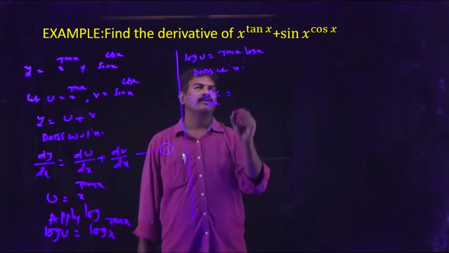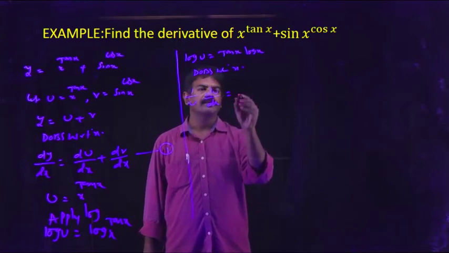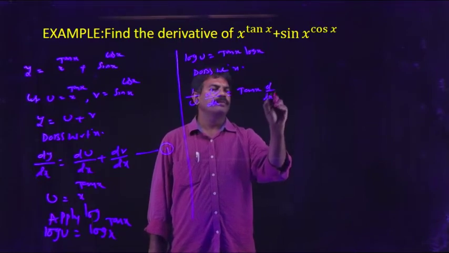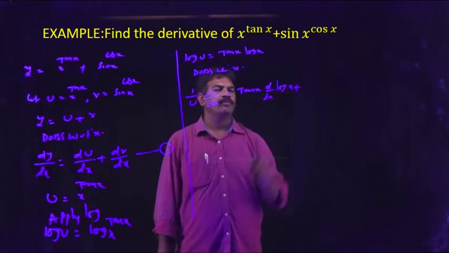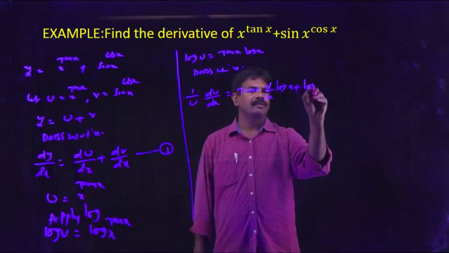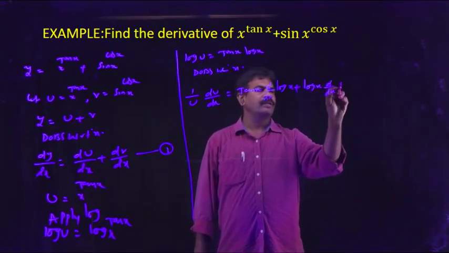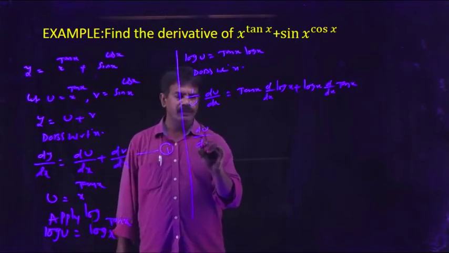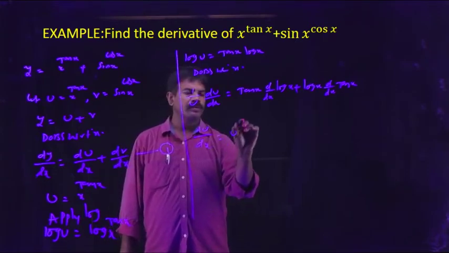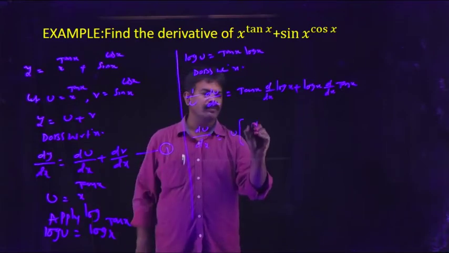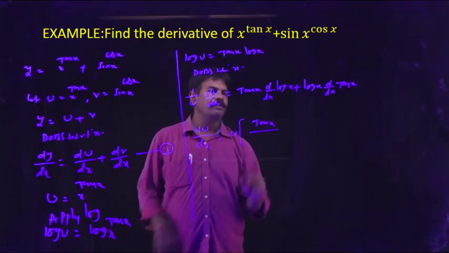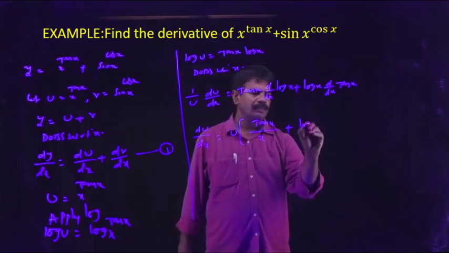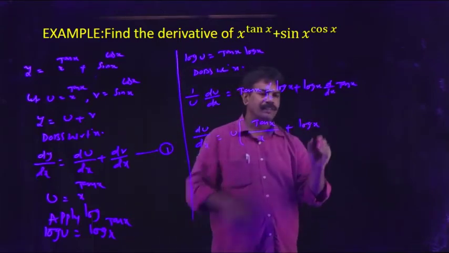So u is equal to tan x and v is equal to log x. We apply the formula: tan x into d by dx of log x plus log x into d by dx of tan x. So du by dx is equal to, take the cross multiplication, u into tan x by x, derivative of log x is 1 by x, plus log x into derivative of tan x is secant square x.